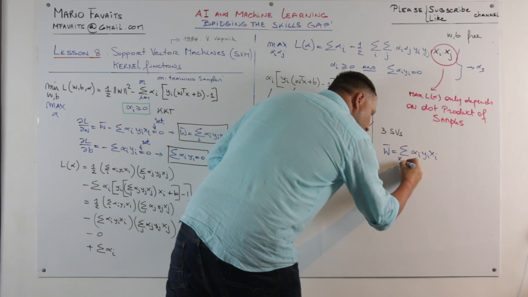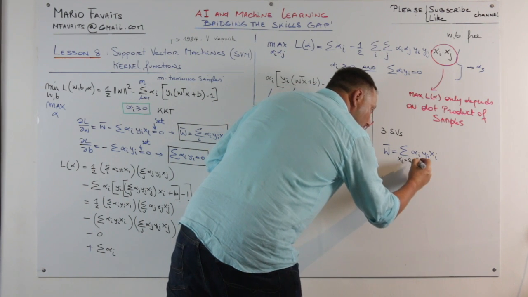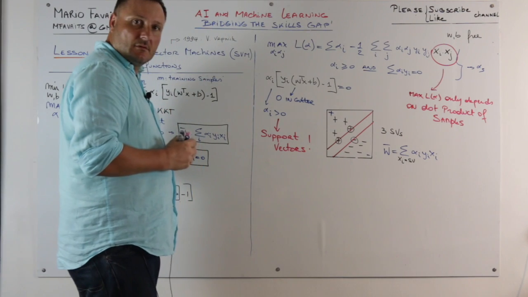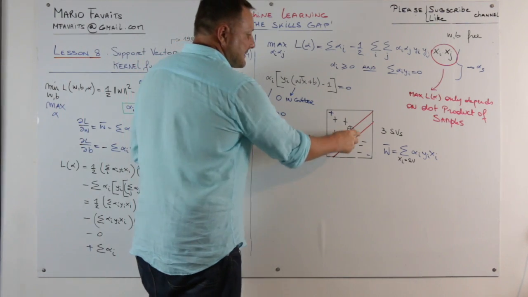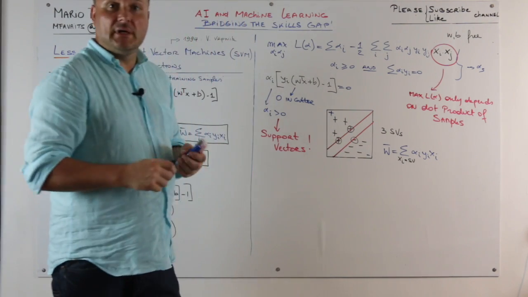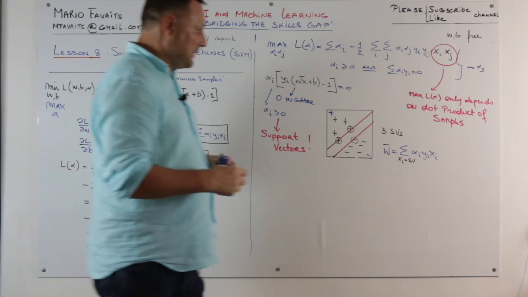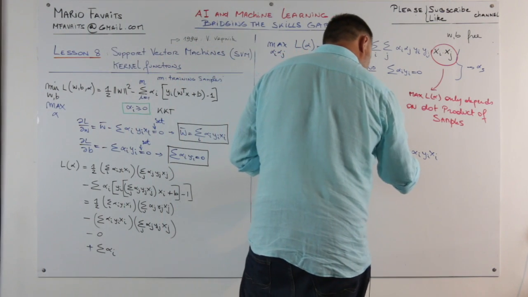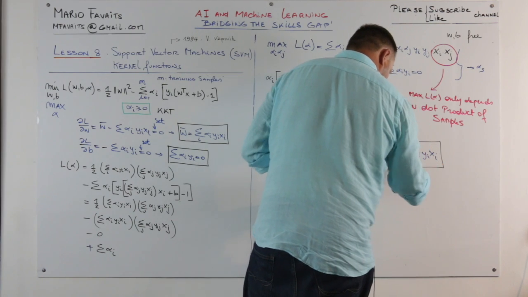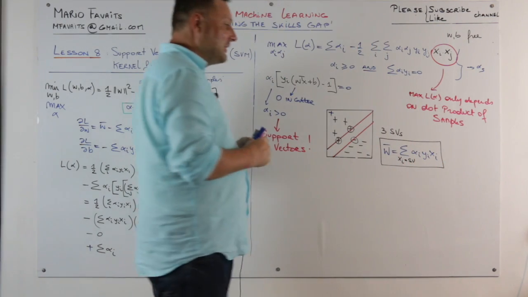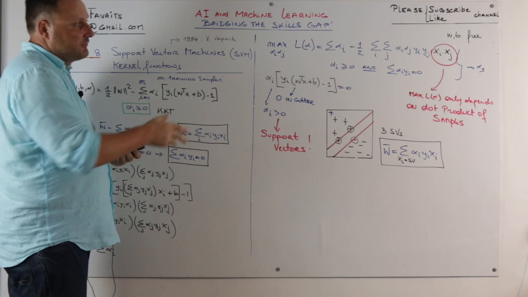So this sum is for xi support vectors. In this case it is 3. So we don't have to go and calculate it for all the samples.